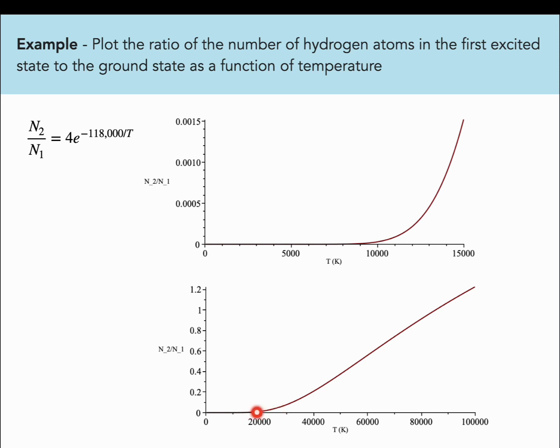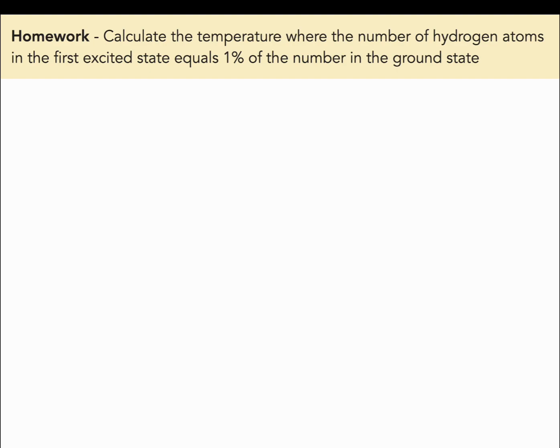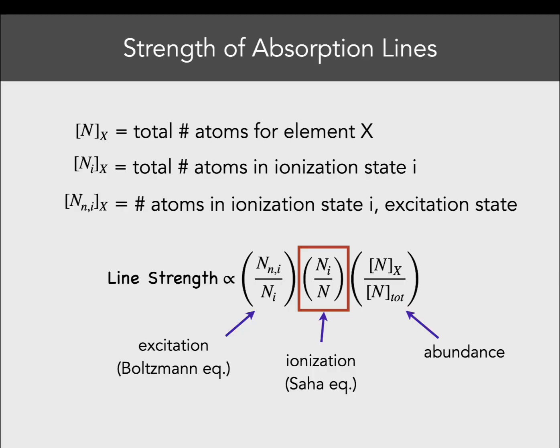So it's definitely going to be less than 20,000 Kelvin, but greater than 15,000 because that's 0.1%. So I would guess that your answer should be roughly 20,000 Kelvin in there someplace just by looking at that diagram. But you'll find out the real answer when you solve it mathematically.